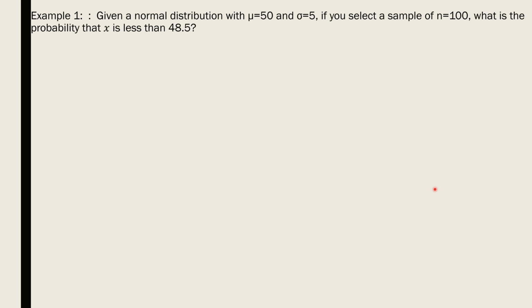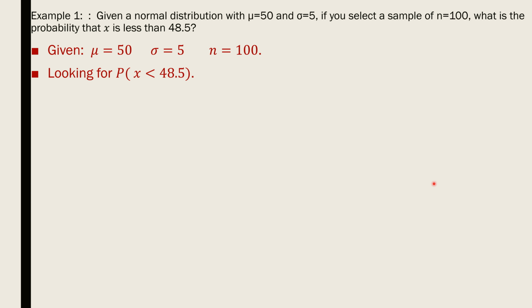So if we are given a normal distribution with mu equals 50 and sigma equals 5, if you select a sample of n equals 100, what is the probability that x is less than 48.5? So we know that the population mean is 50, population standard deviation is 5, sample size is 100.